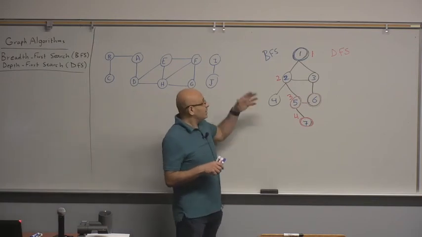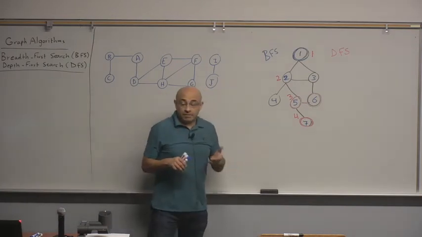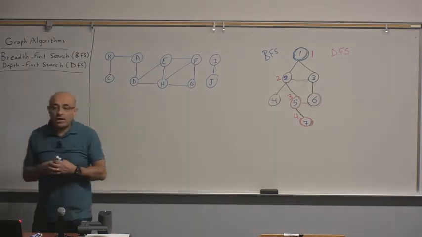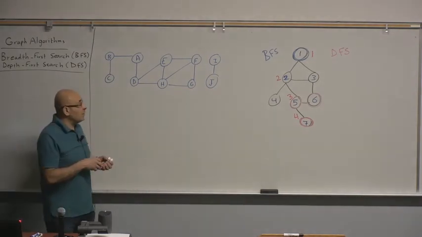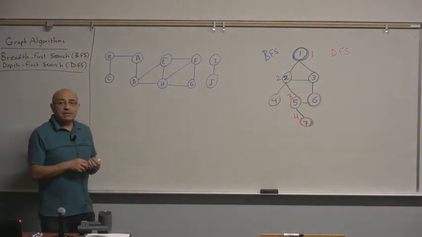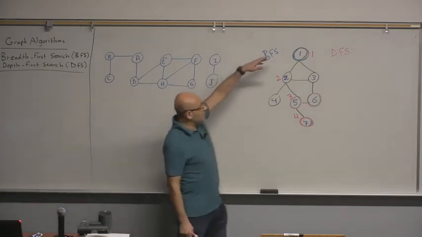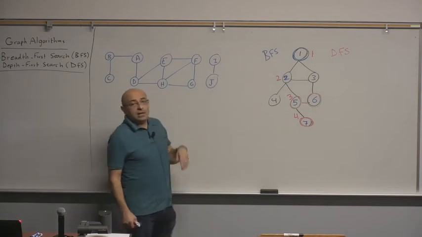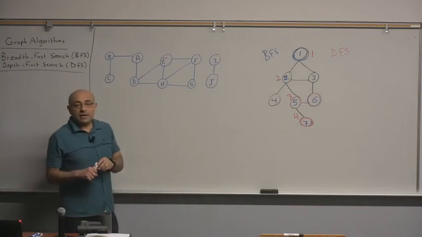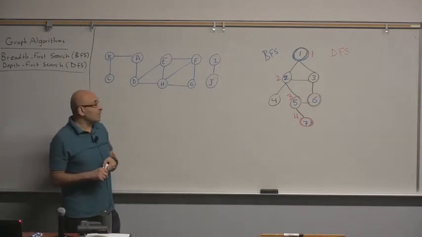For example, if I ask you which of these two algorithms is used for finding the minimum distance from a given vertex to other vertices in the graph, which one is it going to be, breadth or depth?